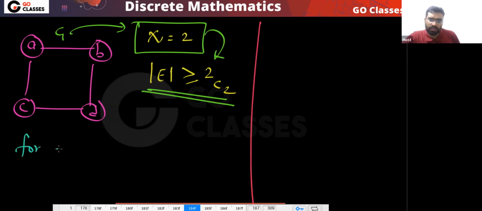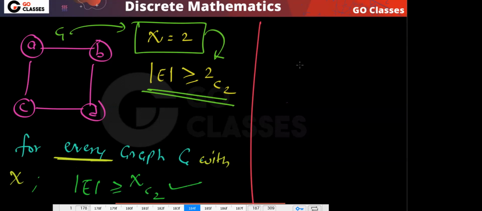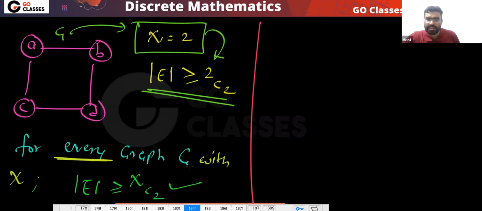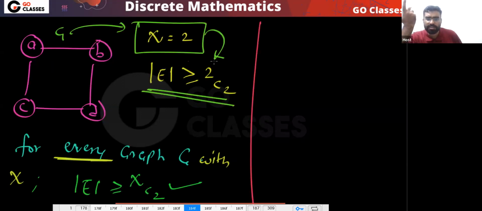For every graph G, please notice this, with chromatic number zeta, what will happen? The number of edges will be greater than or equal to zeta C2. So don't confuse between complete graph and all these things. From where is the complete graph coming in this theorem?